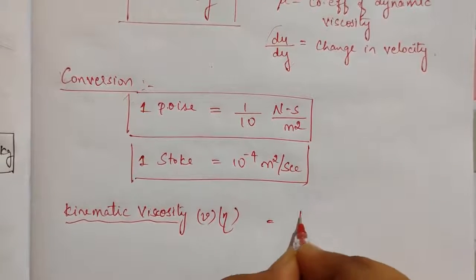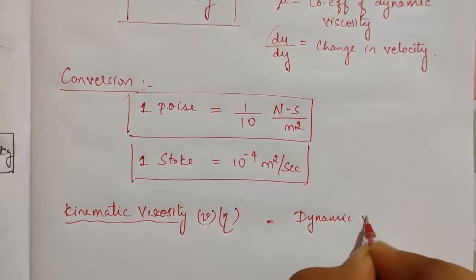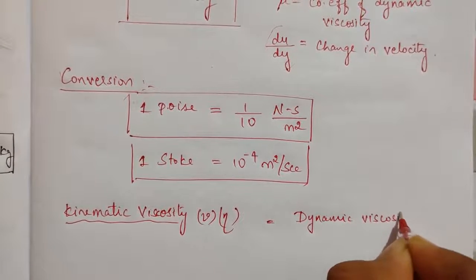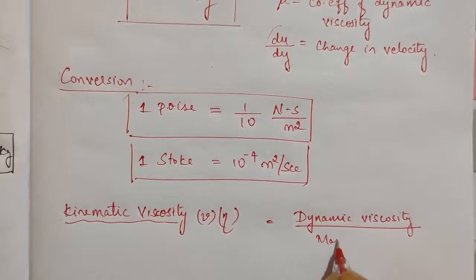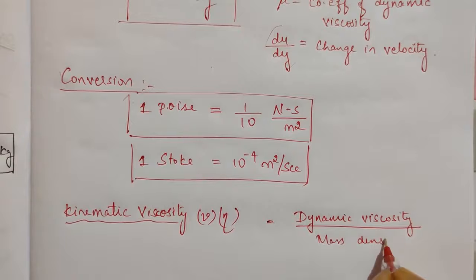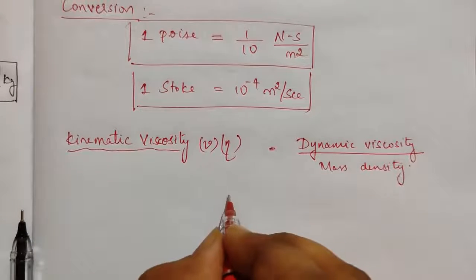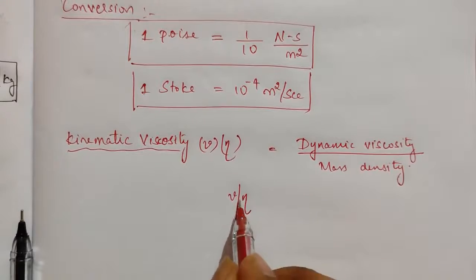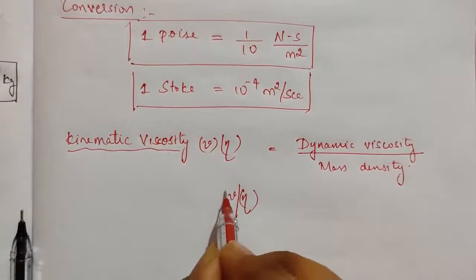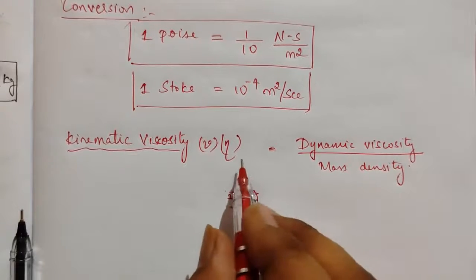It is nothing but the dynamic viscosity divided by mass density. I'll take only one term.